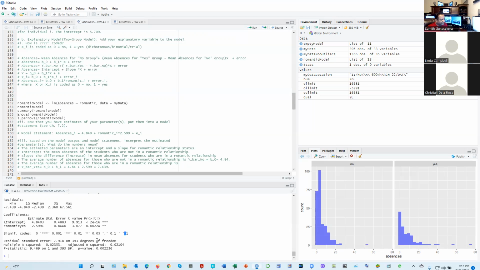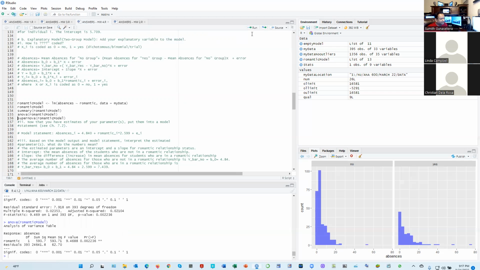Residual standard error, multiple R squared, adjusted R squared, F statistic and its p-value are given here. The F statistic is 9.469 with 1 and 393 degrees of freedom. Did we run the ANOVA? No, so let's run the ANOVA at the same time.